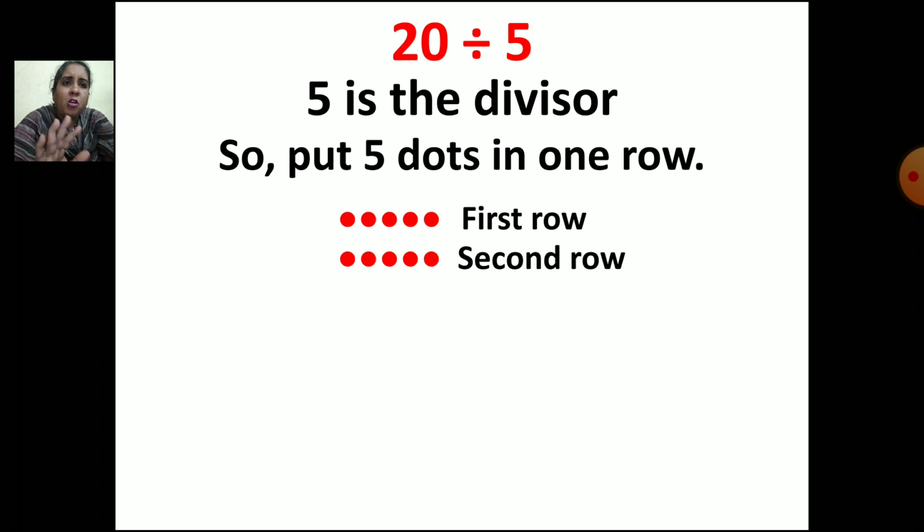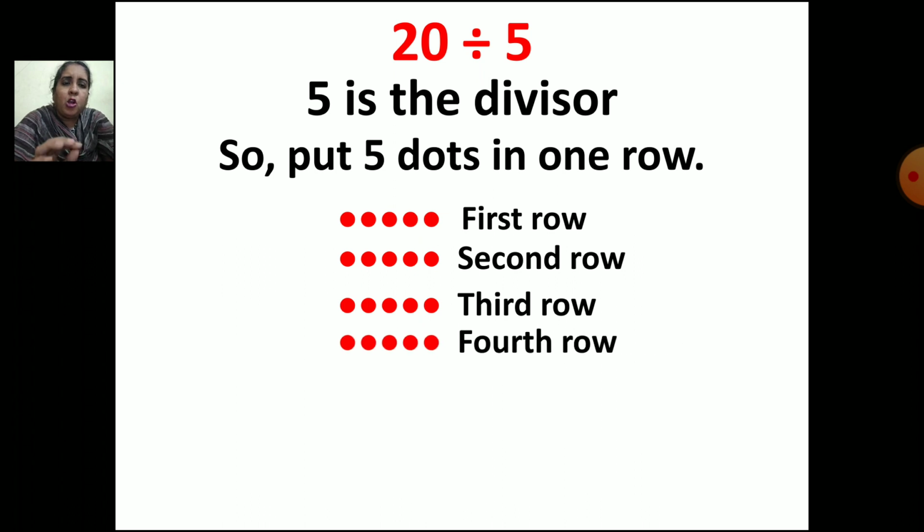Second row also 5 dots. Now let us see the third row. Third row also 5 dots, right? Now let us put in the fourth row. Fourth row also how many dots? 5 dots only.